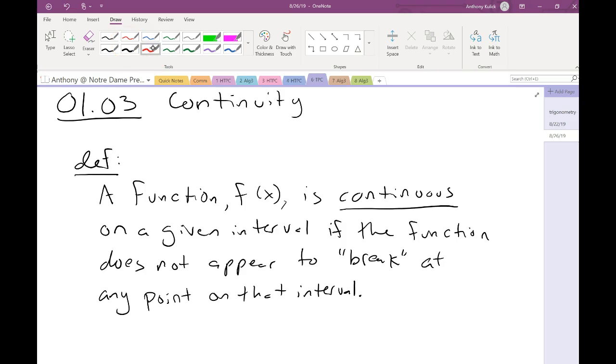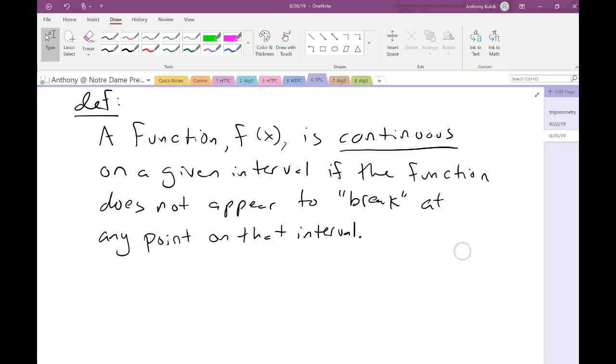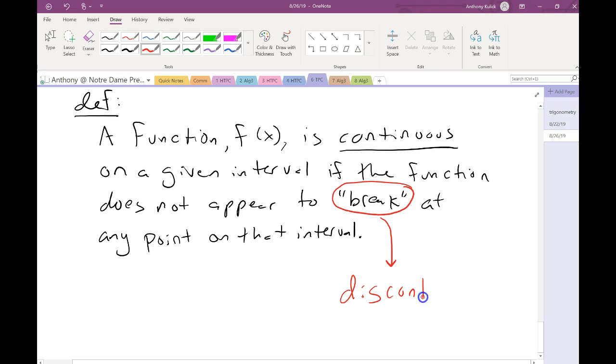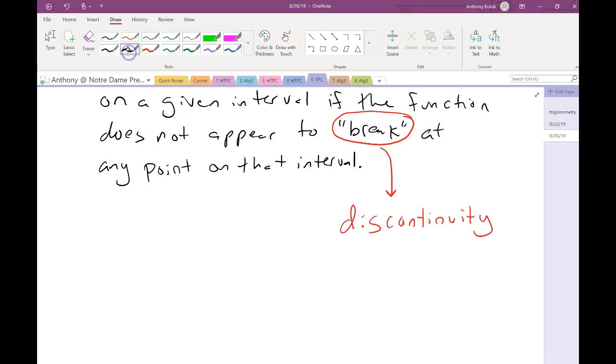Does that help a little bit in terms of what we're looking at when we talk about continuous or not? So these breaks in our function we call discontinuities. And there's 3 types.